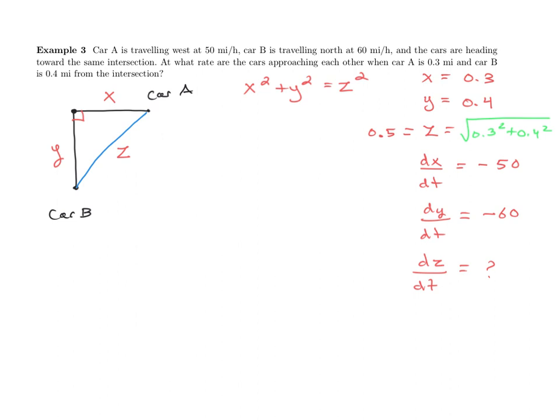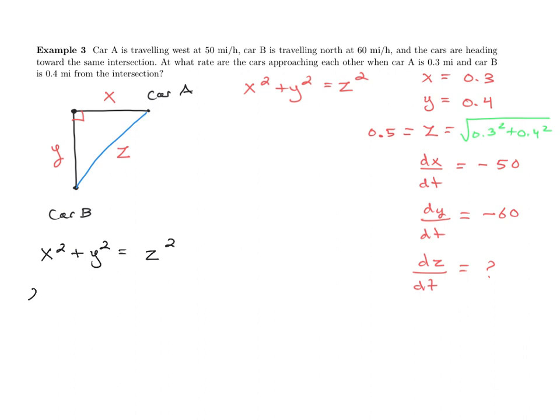Okay, so from here, we have the complete setup. We have variables defined. We know what the variables should be equal to, as well as their corresponding rates and what we're solving for. I'm going to take this equation and differentiate both sides with respect to time. So we have x squared plus y squared is equal to z squared.